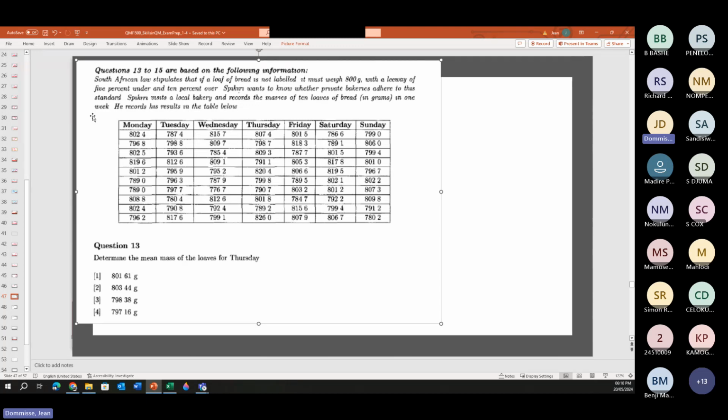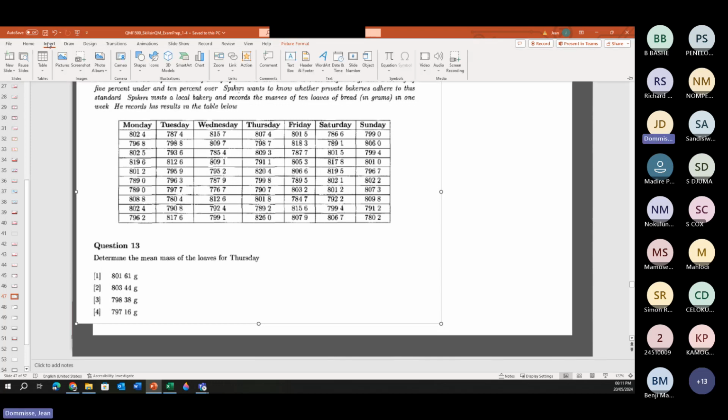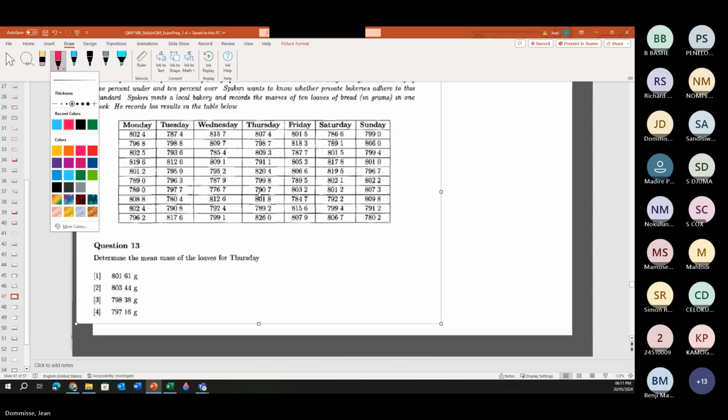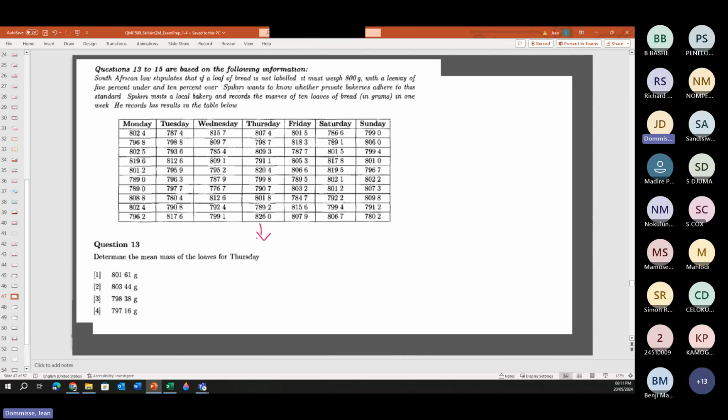Here they give us data for Monday to Sunday about somebody making bread and the weight of the bread. The question is, determine the mean mass of loaves for Thursday. They won't ask you to work out the mean for everything, that is way too many points to work out.